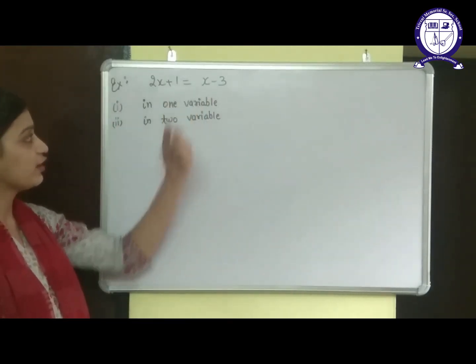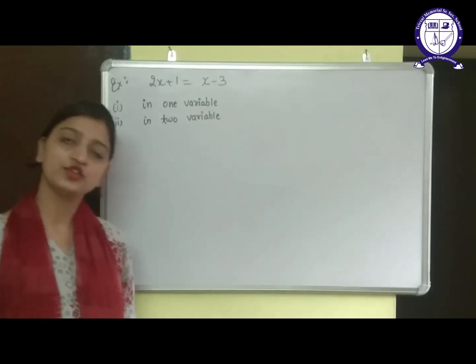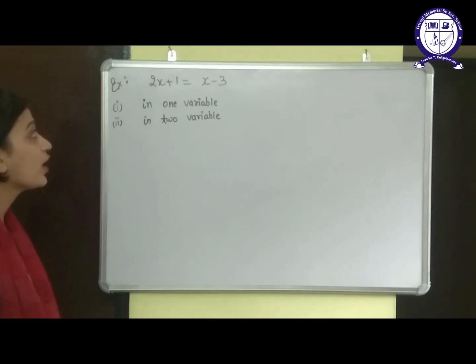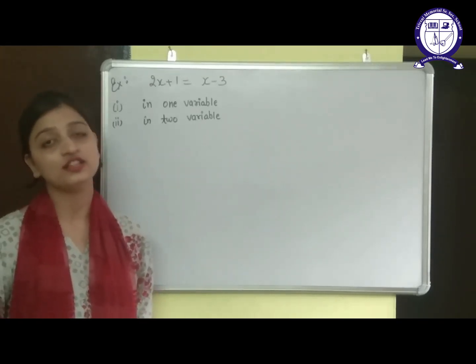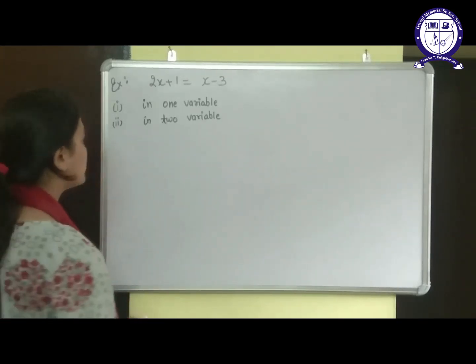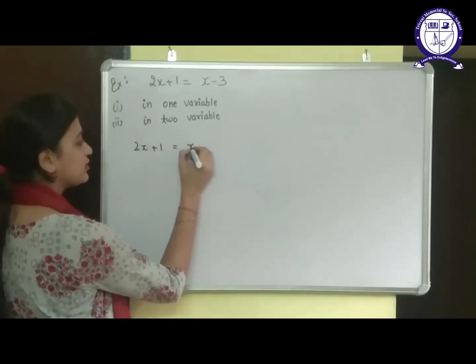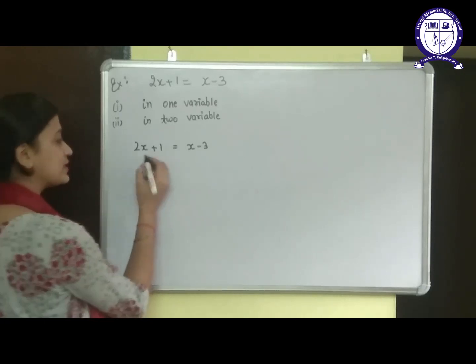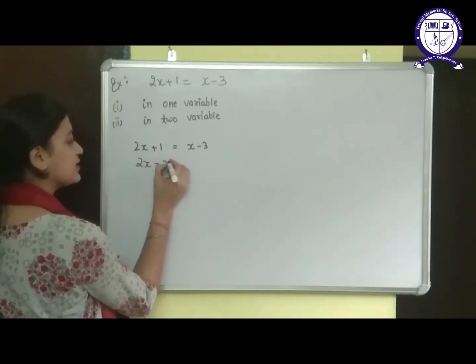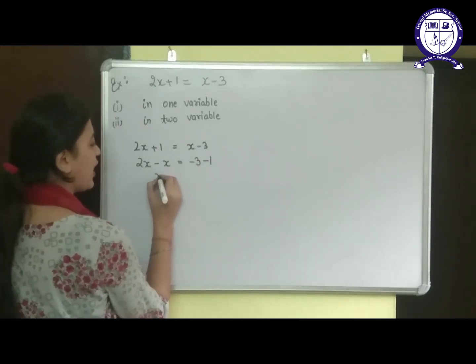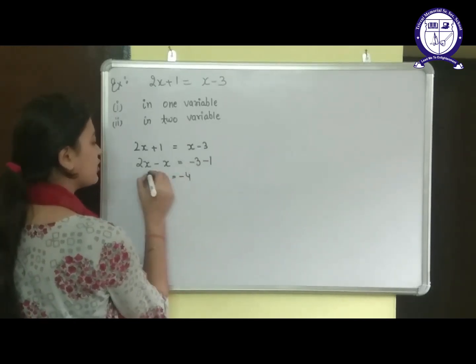Now suppose the question is in this form. I have this kind of equation and I need to draw it in one variable and two variables. First, I will solve the equation. 2x plus 1 equals to x minus 3. I will take x on one side, 2x minus x, and it will be minus 3 minus 1. So x will be equal to minus 4.